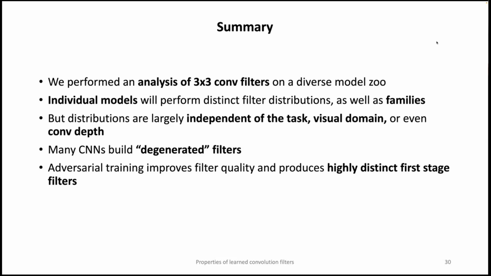The other thing that we have seen is that many CNNs contain degenerated filters, and you should be aware of those during transfer learning. And the last point is adversarial training seems to improve the filter quality, be it a side effect or not, and produces very distinct first stage filters.